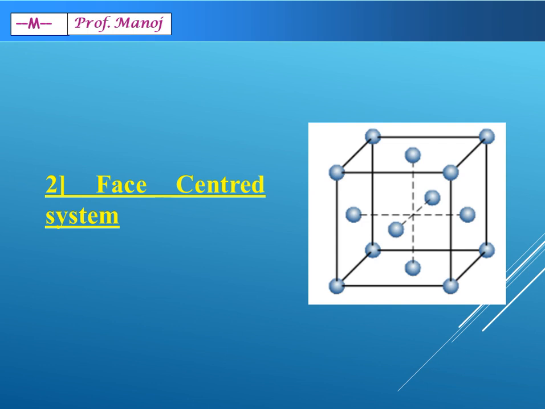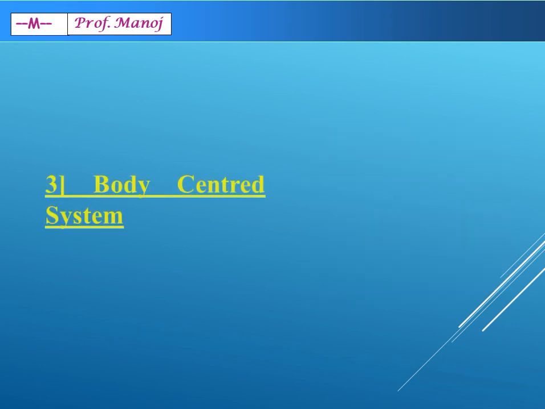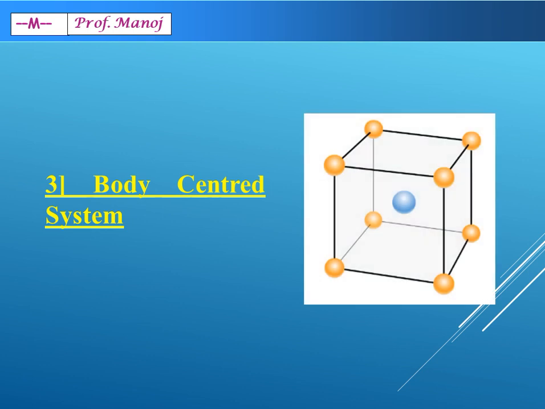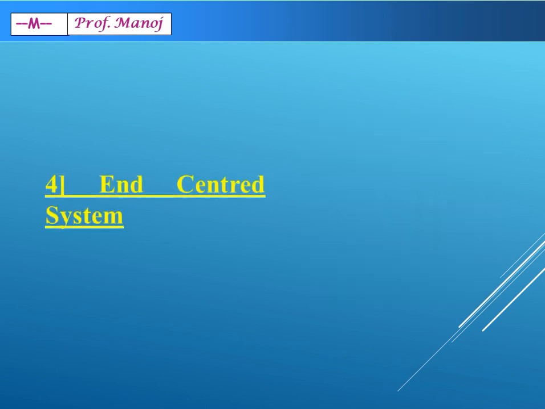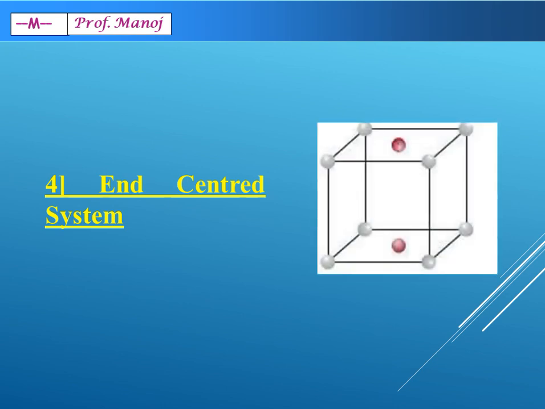If you watch carefully, a cube has six faces, so there are six face-centered atoms over there. The third is called the body centered system, and there will be one atom in the center of the cube in addition to the corner atoms. The last one is end centered, which looks similar to face centered, but the only difference is that only the top face and the bottom face have one atom in the center.